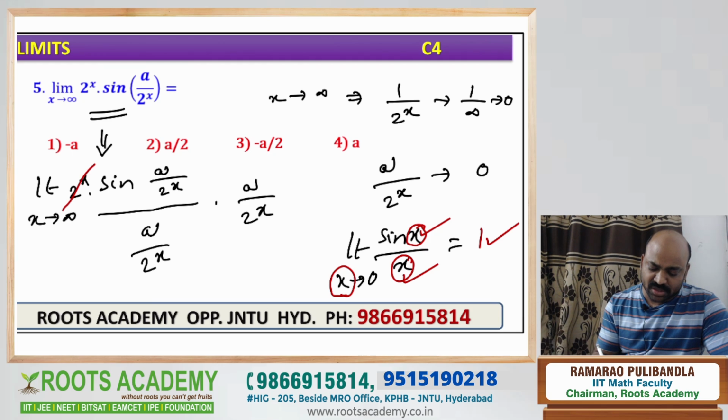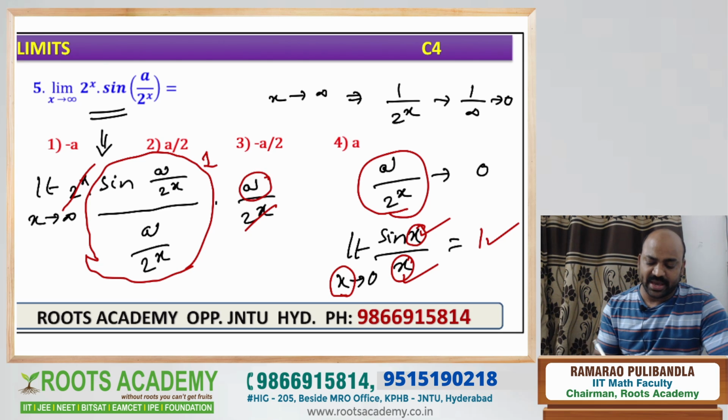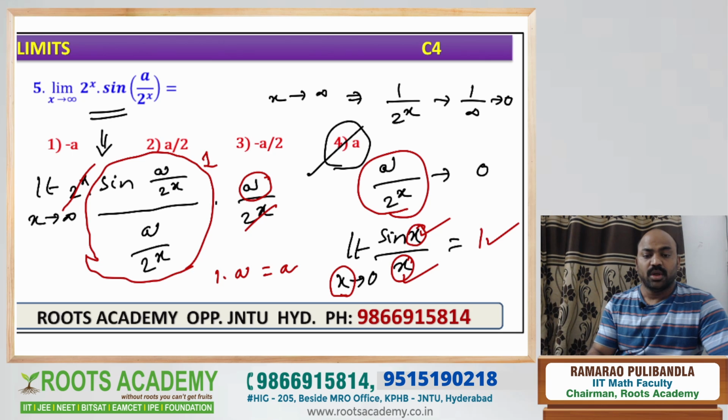So this 2 power x, this 2 power x is gone. Since x tends to infinity, a by 2 power x also will tend to 0 only. So what will this become, can anyone say? The thing which I am rounding off is 1. 1 into a. Answer is a. Have you got this? Option 4.